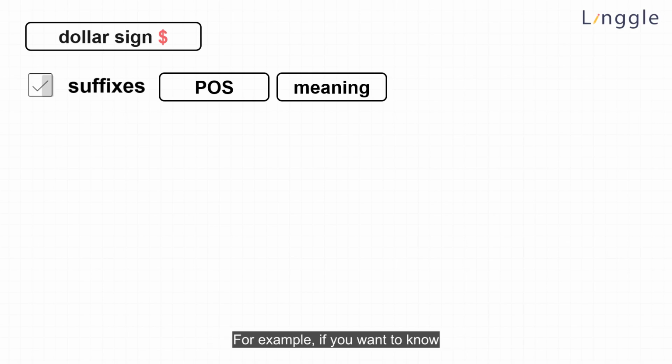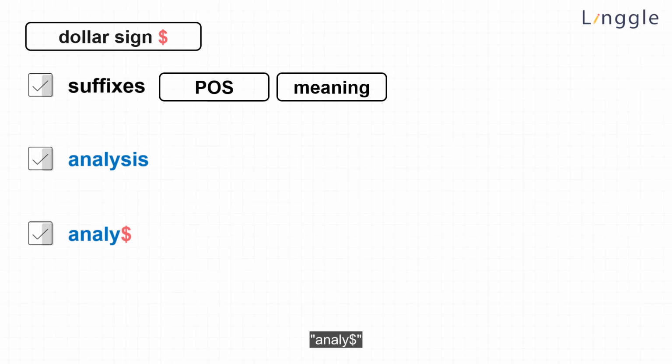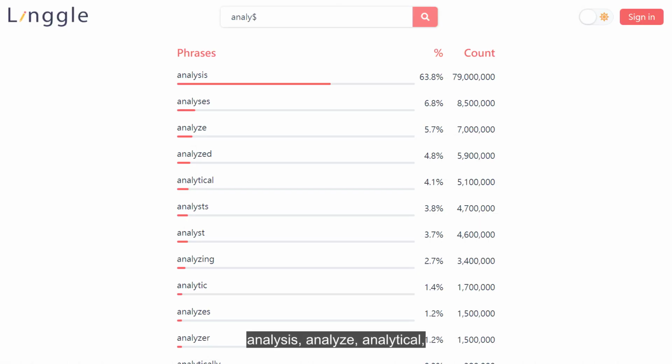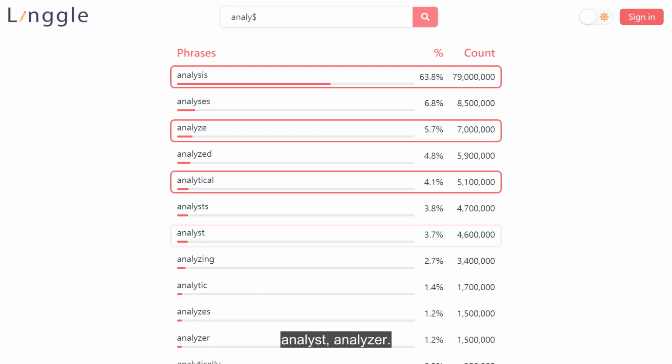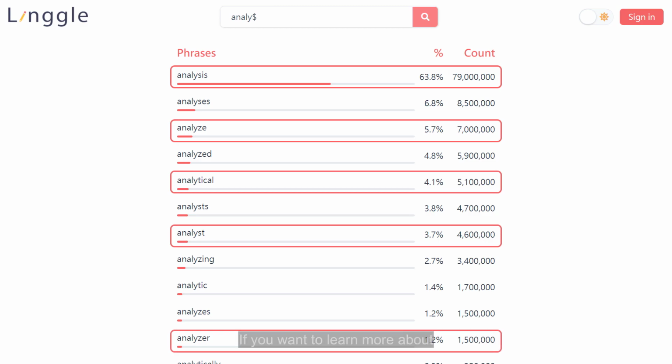For example, if you want to know how many possible variations the word analysis has, you can type in $, and you will get the following results: analysis, analyze, analytical, analyst, analyzer. If you want to learn more about the composition or variations of a word, you can make good use of this feature.